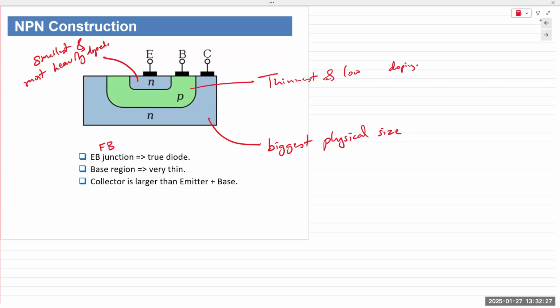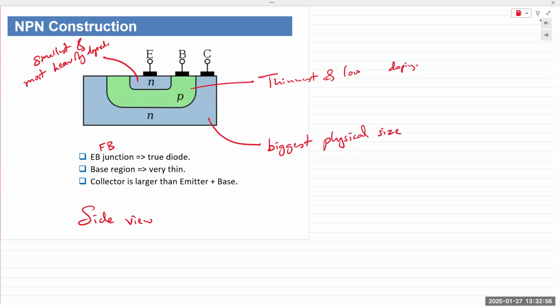For instance, here I'm showing you the side view or the cross-sectional view of a NPN transistor. And because it's an NPN transistor, the majority carriers are electrons. When we discuss a PNP transistor, the majority carriers would be holes. Okay, but the operation remains the same. So this is the side view.